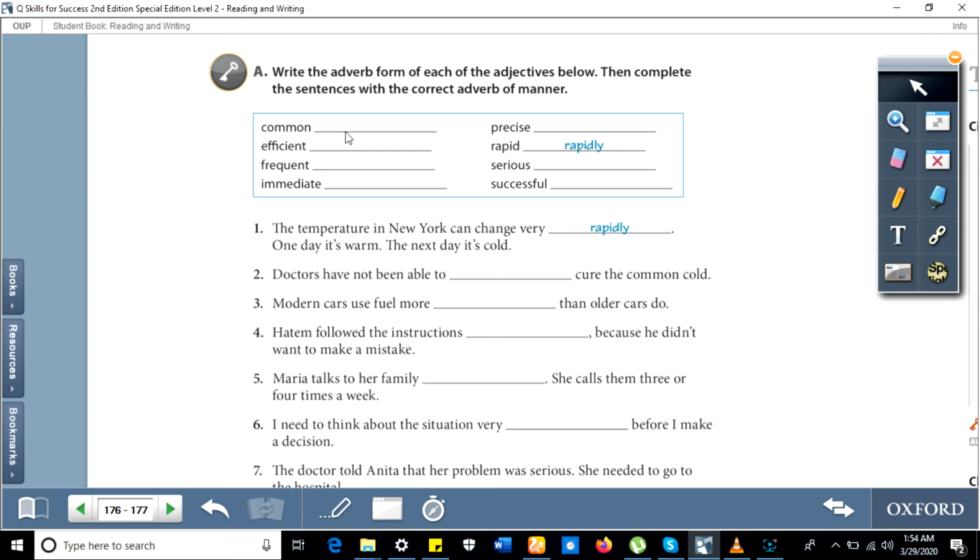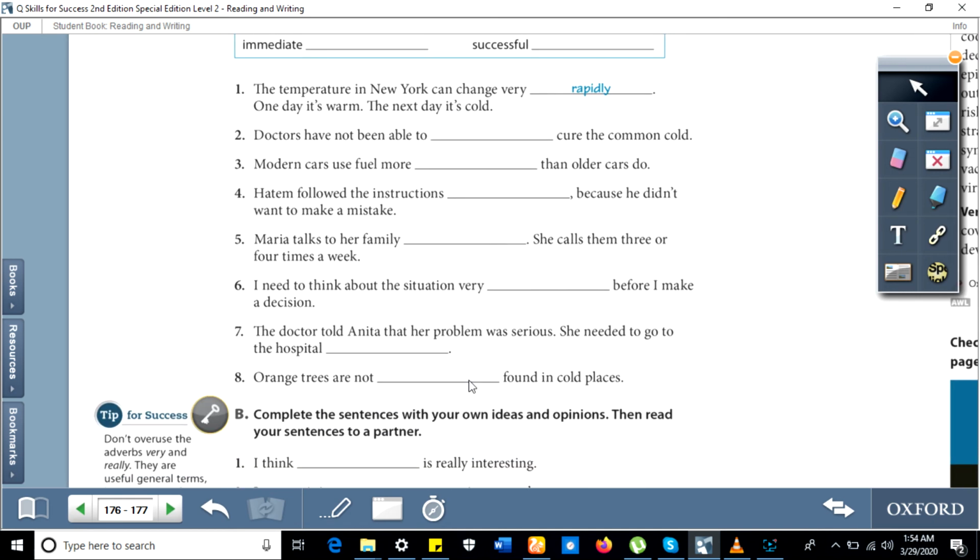So first you have to write the adverbs from these adjectives. So you have to create adverbs first, and then you need to fill in the blanks afterwards.